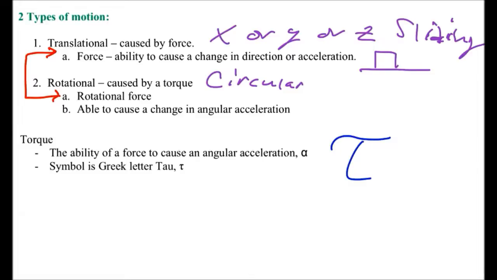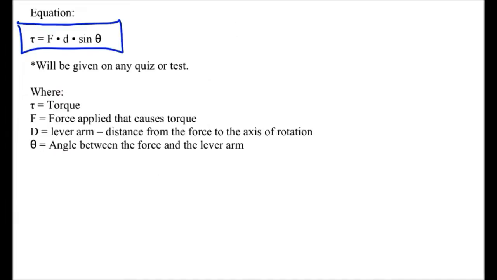So there's the correct symbol for torque. Here's your box equation, which means it's going to be given to you on any quiz or test. It says that tau, or torque, is equal to force times lever arm times the sine of the angle theta. So let's talk about a few of those things real quick.